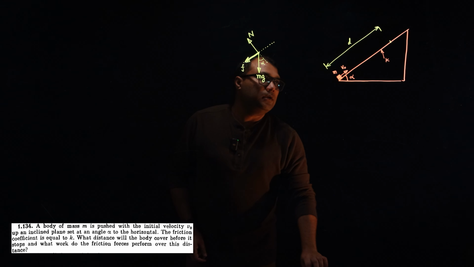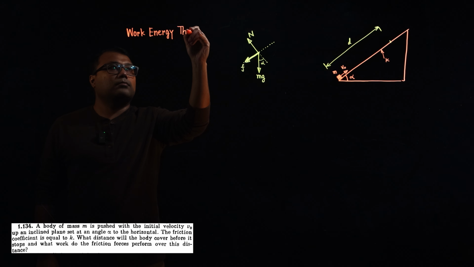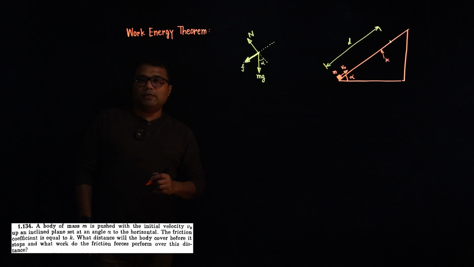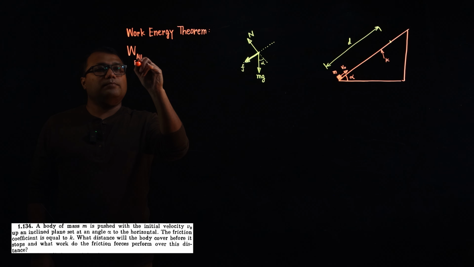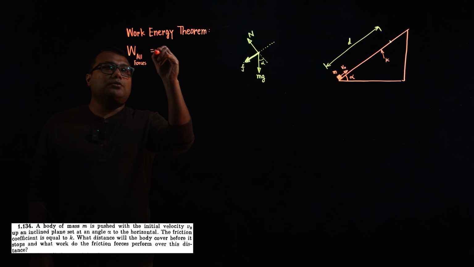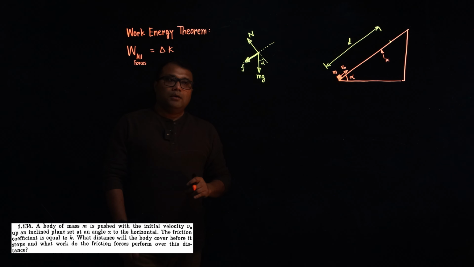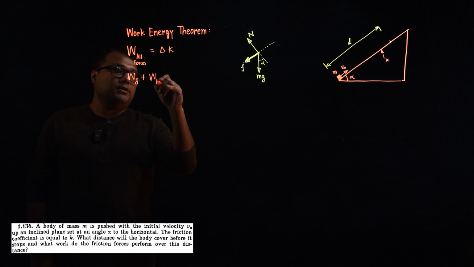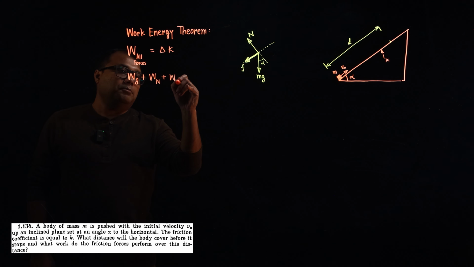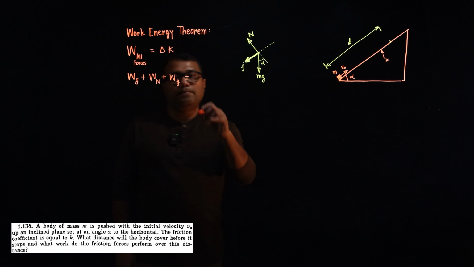Okay, so let us apply the work energy theorem. What does the work energy theorem say? Work done by all forces is equal to the change in kinetic energy. So we can further write this as work done by friction force plus work done by the normal reaction plus work done by gravity force is equal to the change in kinetic energy.